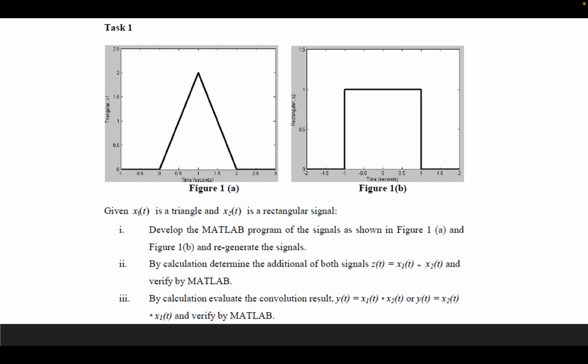Secondly, by calculation, determine the addition of both signals z(t) equals x1(t) plus x2(t) and verify by MATLAB. Number 3. By calculation, evaluate the convolution result y(t) equals x1(t) multiplied by x2(t), or y(t) equals x2(t) multiplied by x1(t), and verify by MATLAB.